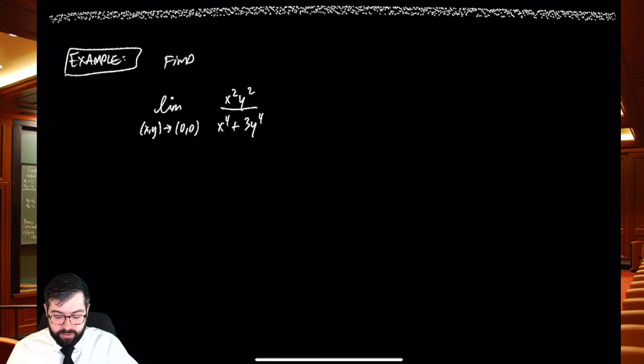Okay. What we'll see here is that it's not continuous at the point. Is it? No, it's 0. So it'd be 0 at this point. No, it would be undefined. It'd be 0 over 0. But that's not really the point, right? We're asking if this limit exists.